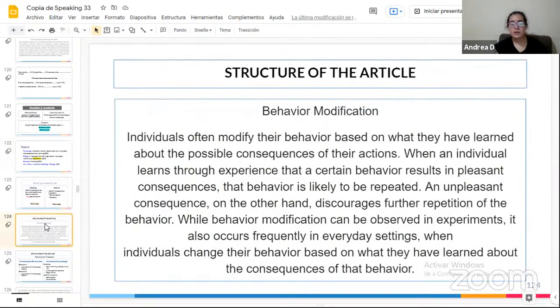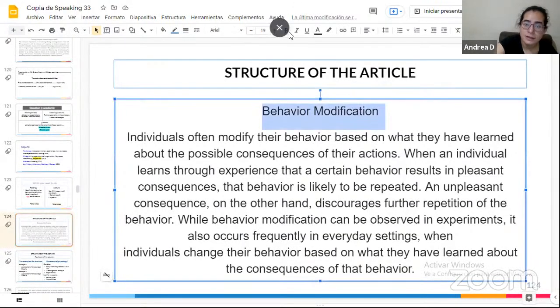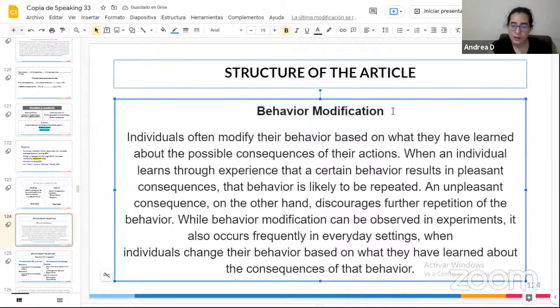So now let's take a look at what you actually need to do. So first thing, as I was saying, you will read this article for 50 seconds. And as you can see, you have a title, and then you have the text. Now, the first thing I'm going to say is make sure that you read the title and that you take notes on that as quickly as possible.